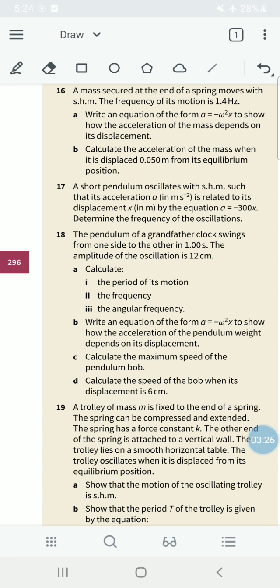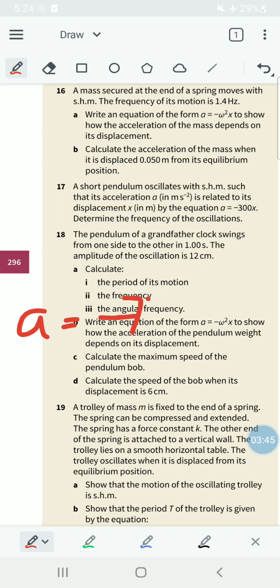Then part B: calculate the acceleration of the mass when it is displaced 0.05 meters from its equilibrium position. So that means the x has been given, and we have an equation now. What is the equation? a equals negative 77.4x.